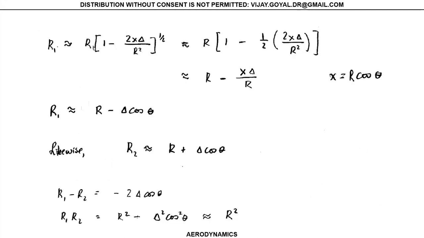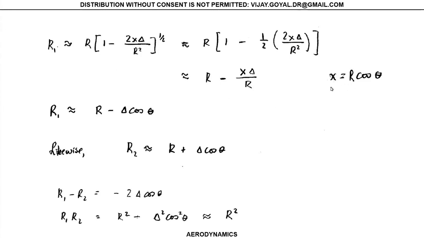Now, I can further use the binomial expansion, where for small delta, this expression being very, very small, this expression would apply. So this will equal to this. And by simplifying, you can say this is equal to this.